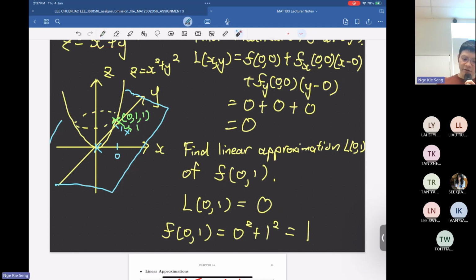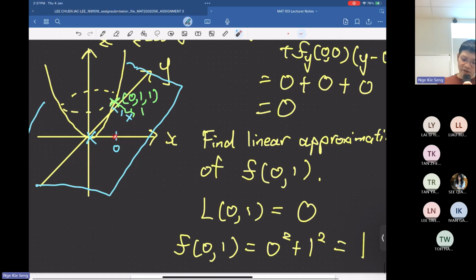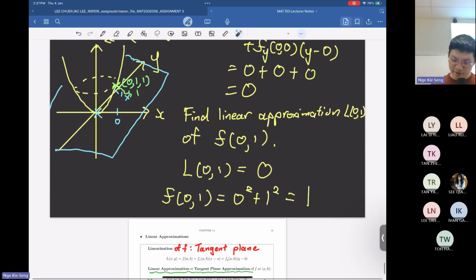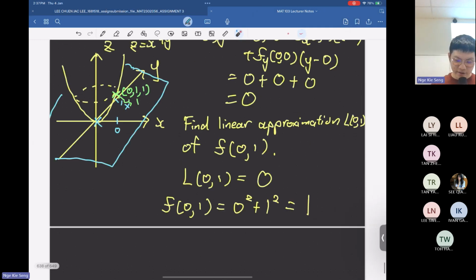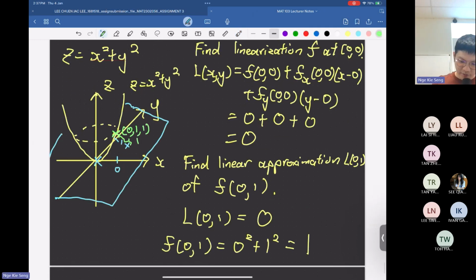But as you can see, if I move the (0,1) point closer to (0,0), the difference between linear approximation and the actual point will decrease. Correct or not? Okay, let me find another point. Here I put 1, here I put 2.